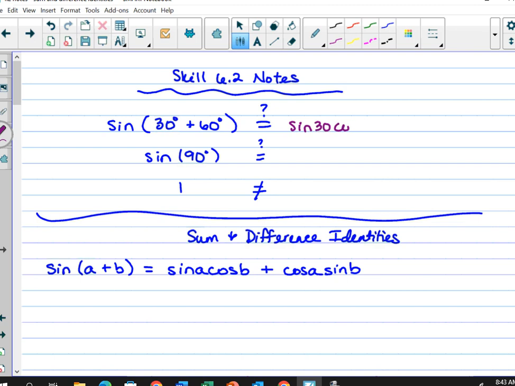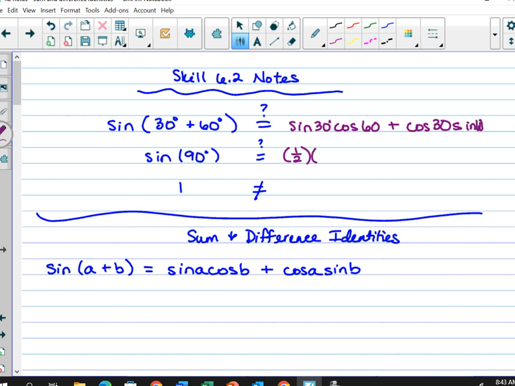So guys, this is what it looks like on the one up above here. Right over there, that says 60. So what's the sine of 30 degrees, guys? 1/2.